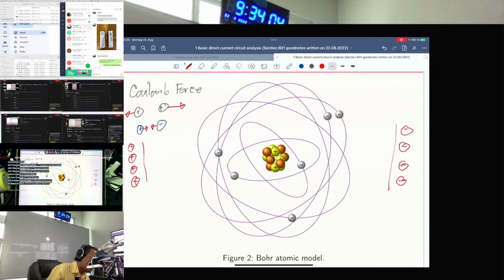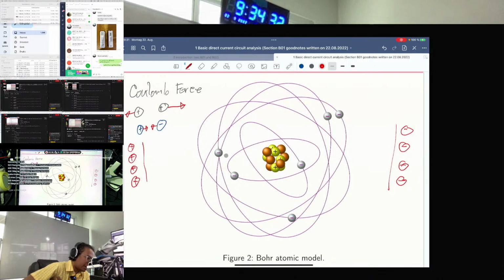The negative charge will be attracted by the positive charge. The electron is going to go away to this plate, and of course there will be a repulsive force between the electron and the negative charge, compelling this electron to move to this side.